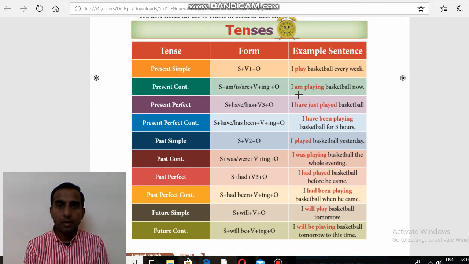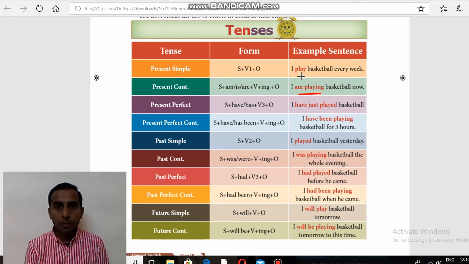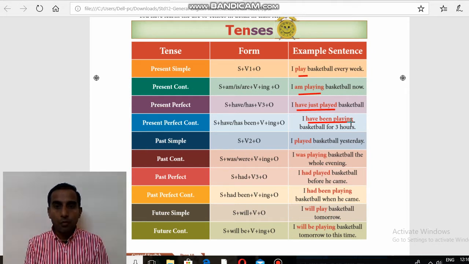Now, a perfect tense will always have the form have just played, and perfect continuous, have been playing. So these are the 4 forms of the verb.